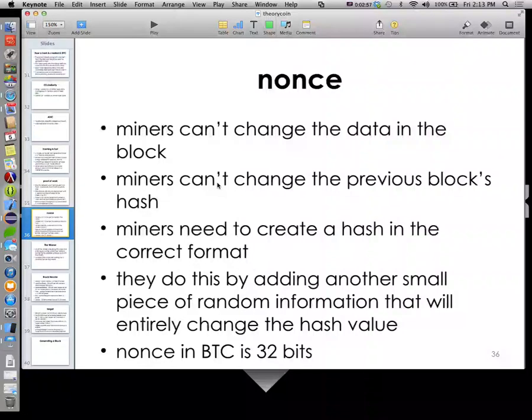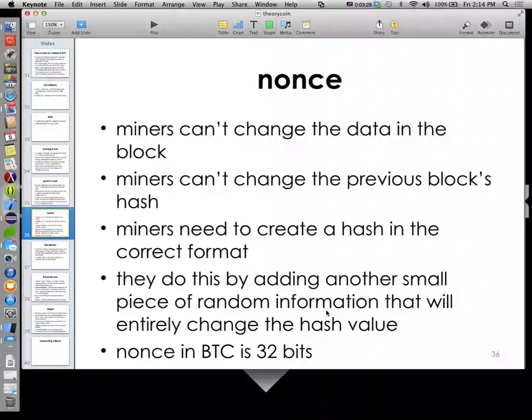That's already fixed, set in stone. So we also need to create a hash in the correct format. So we add another small piece of information called the nonce, which we can base off of a lot of different things. Usually we base those off of the number of seconds since 1970, which is a kind of a random, well, I say random, it's a time interval, but it's number of seconds since 1970.